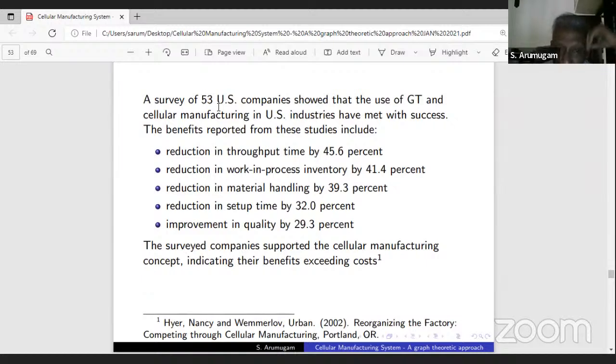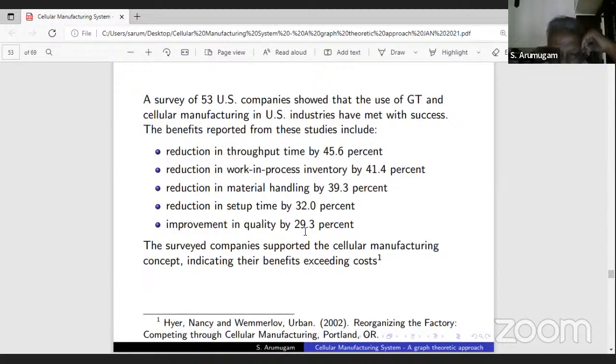They reported a reduction in throughput time of 45.6%, a reduction of work in process of 41.4%, a reduction in material handling of 39.3%, a reduction in setup time of 32.3%, and an improvement in quality of 29.3%.